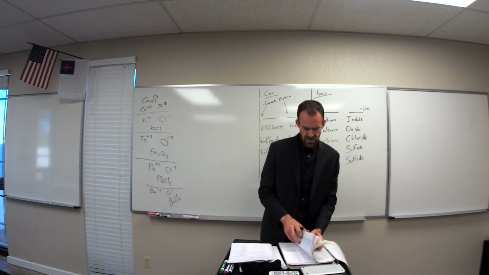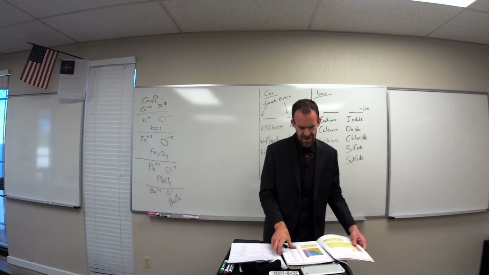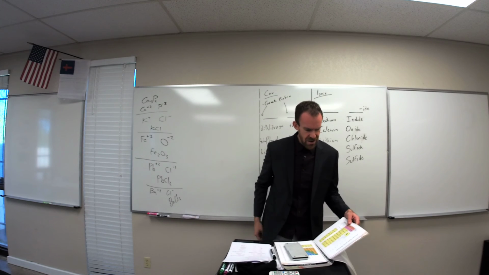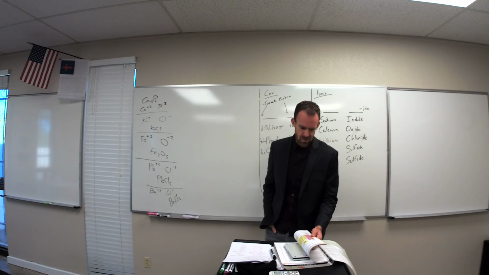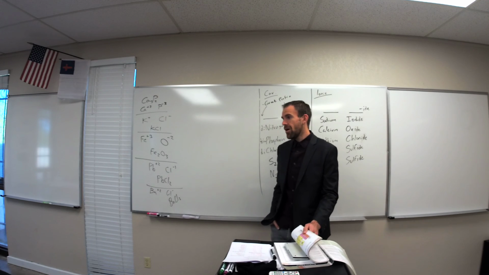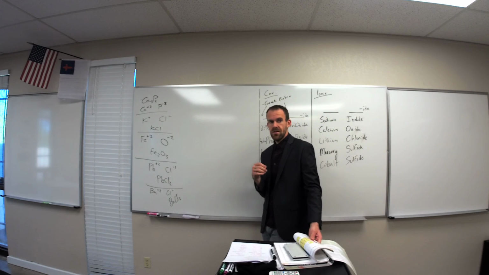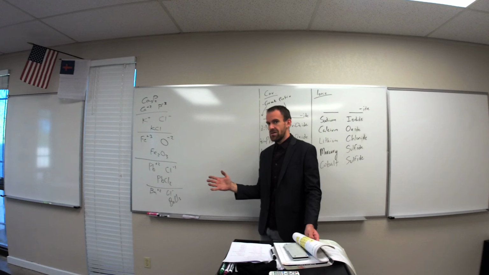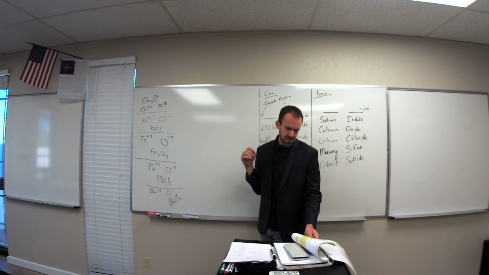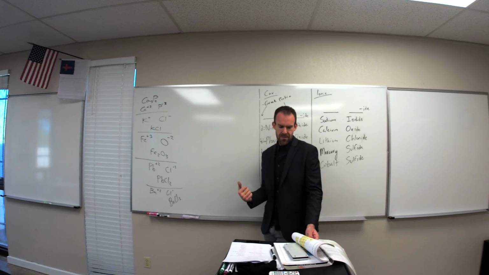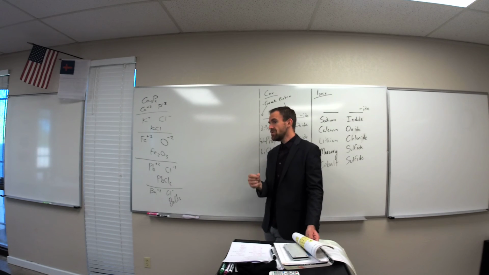So hydrogen, lithium, sodium, potassium, rubidium, cesium, and francium all have a +1 charge. They will never have any other charge than +1. Column 2, beryllium, magnesium, calcium, strontium, barium, and radium have a +2 charge.